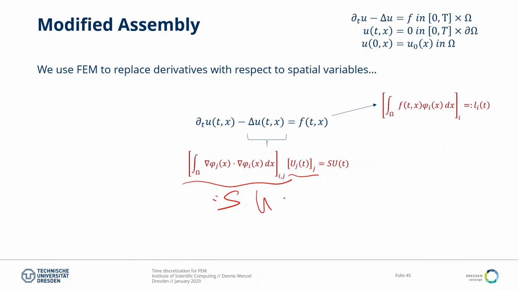But for the rest, this is S times u of t equals L of t. Okay? So this would be the representation of our previous setting.